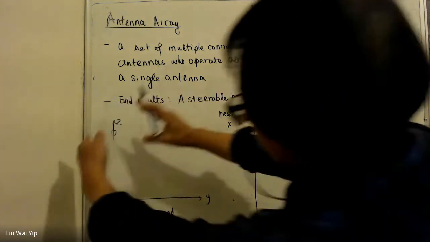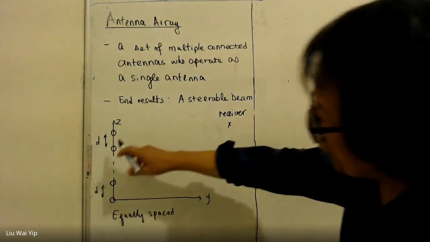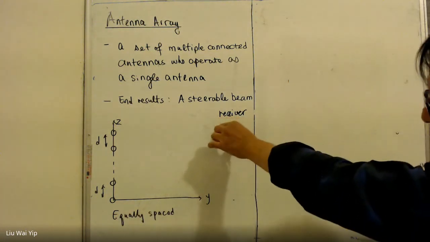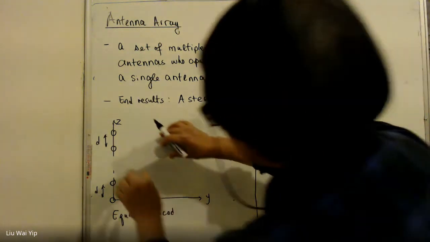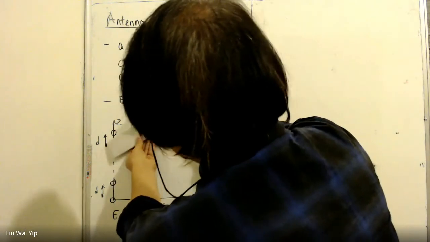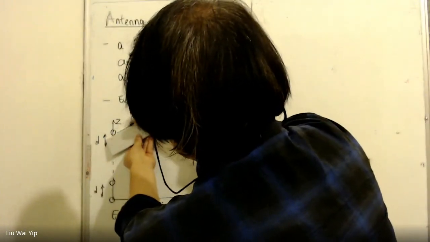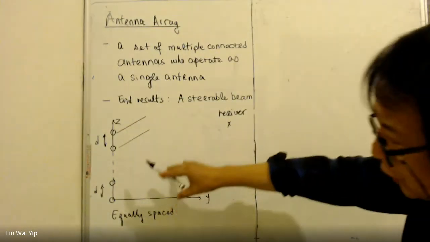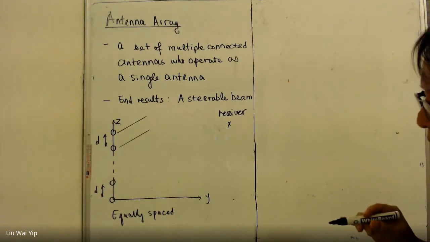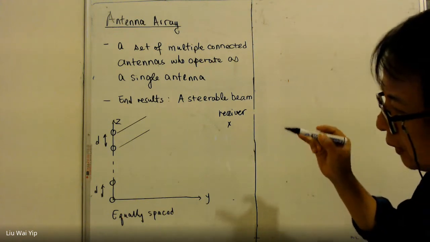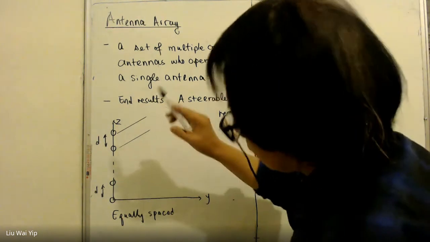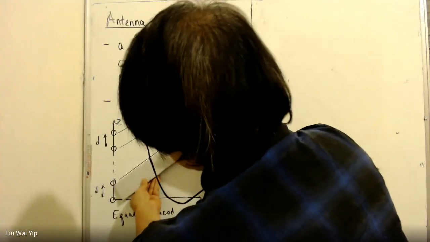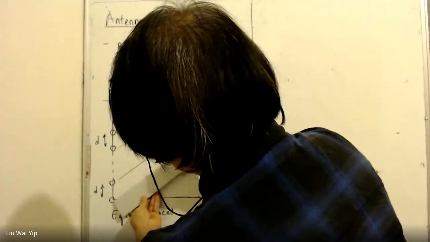If you zoom in on the antenna array, with respect to this destination, you will see the radiation from each individual antenna would be the same. The direction would be the same. And most likely, they would appear parallel to you.